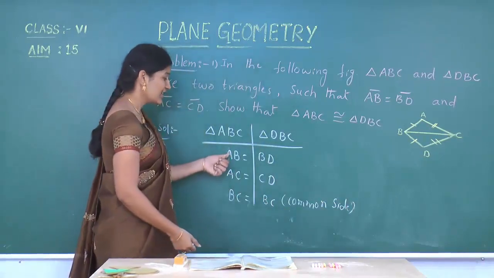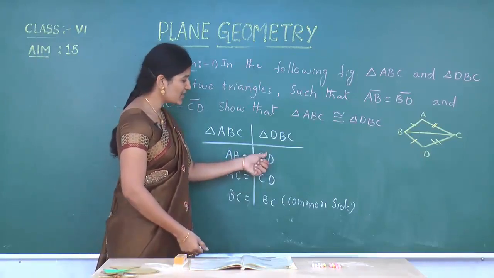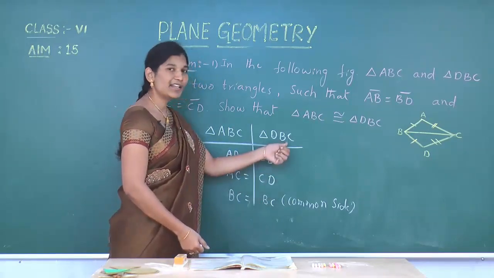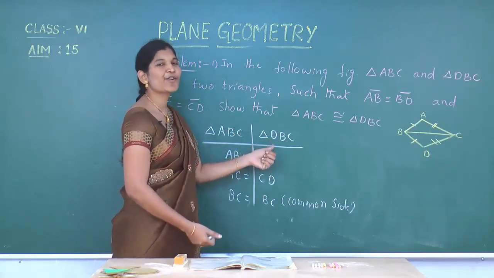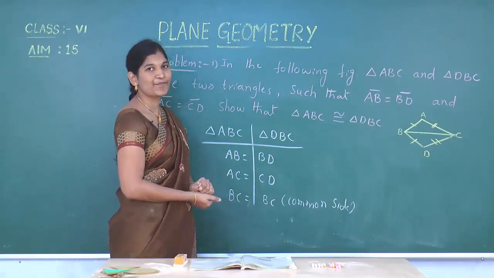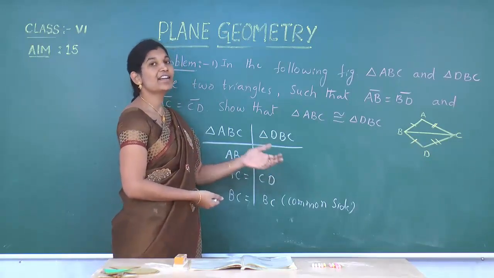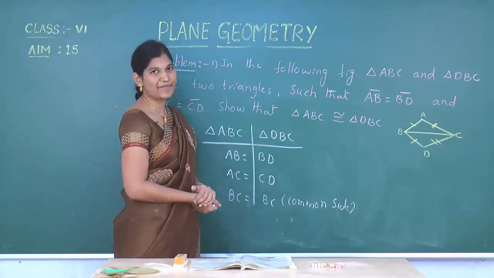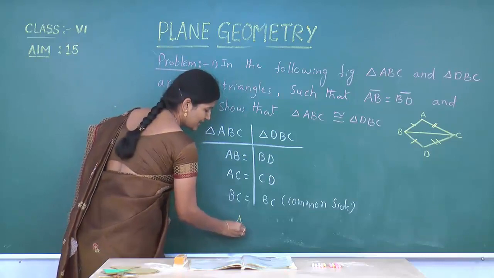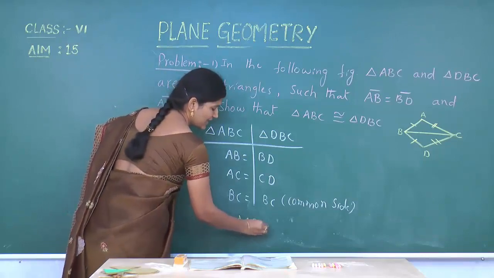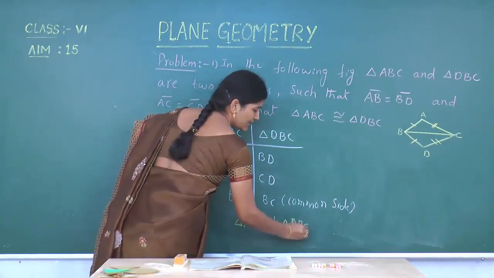See here, three sides of the first triangle are correspondingly equal to the three sides of the second triangle. So I can say these two triangles are congruent to each other. By which axiom? Yes, here three sides, no? Yes, axiom. So at last I can write triangle ABC is congruent to triangle DBC.